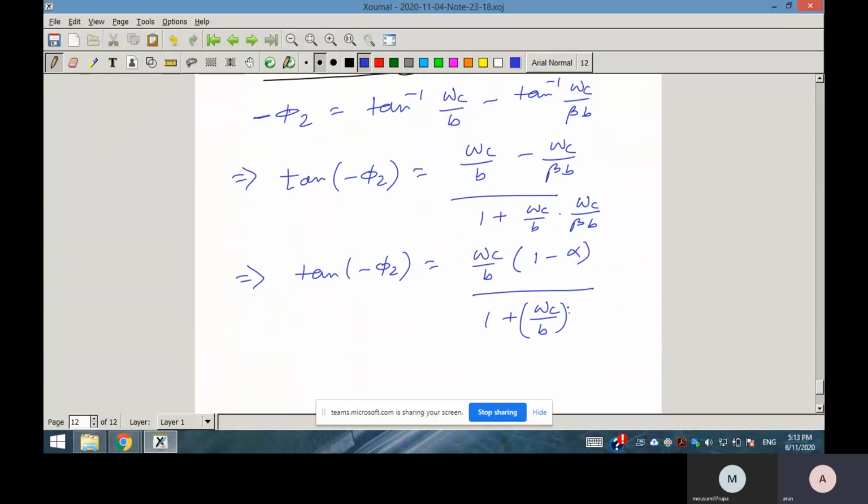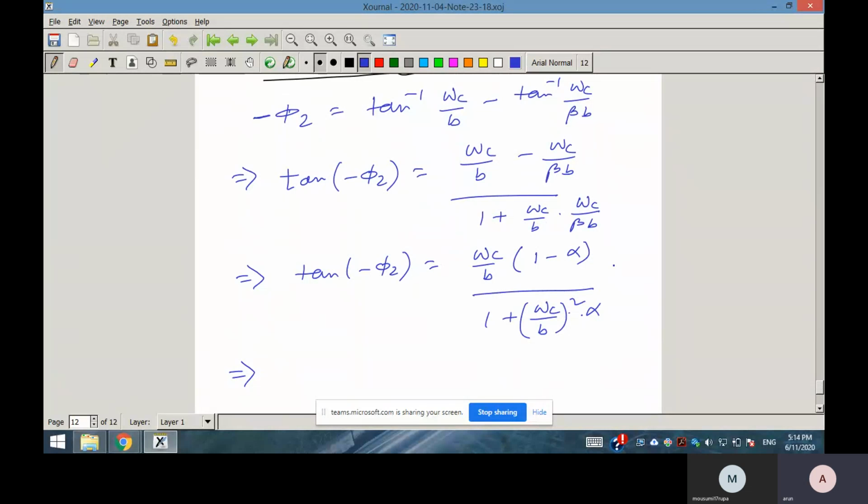So that means this square into alpha. Okay.